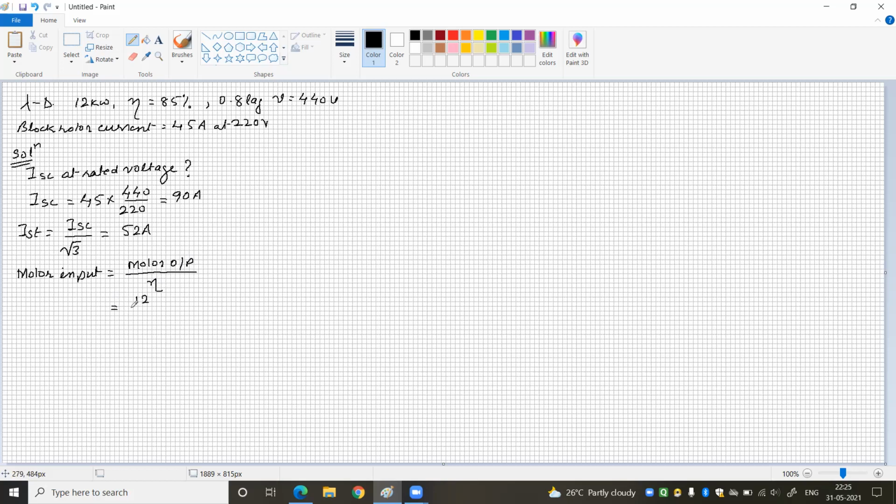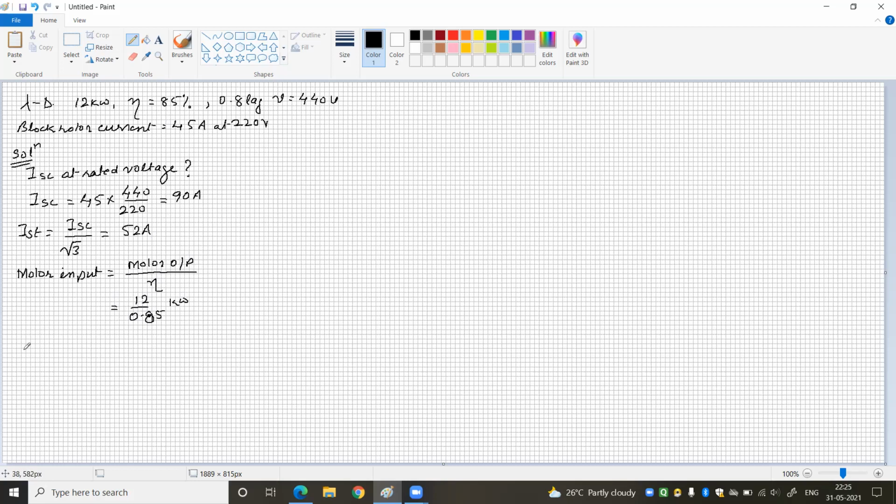So it is 12 divided by 0.85, which is the input of the motor.